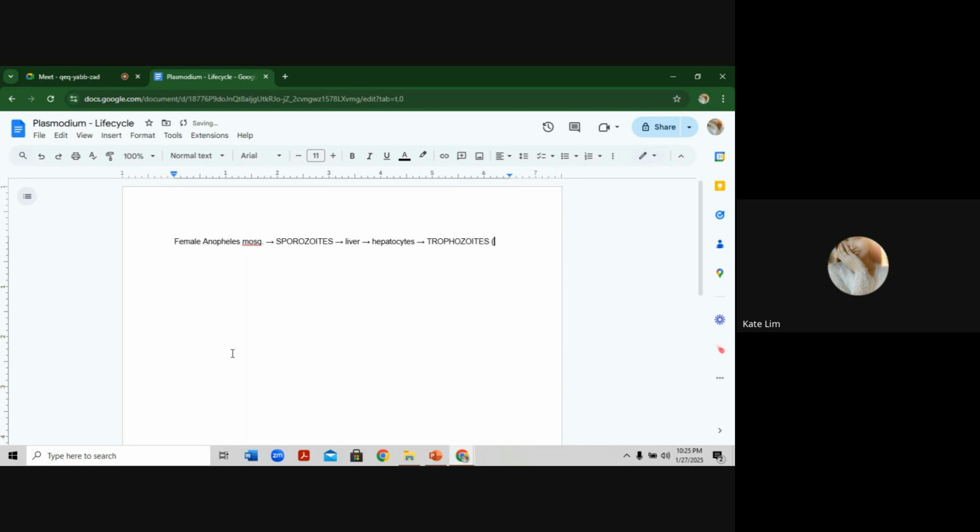But class, take note that for Plasmodium vivax and Plasmodium ovale, they have a unique twist in their life story. Most strains of vivax and ovale can enter a dormant stage, which we call the hypnozoites.